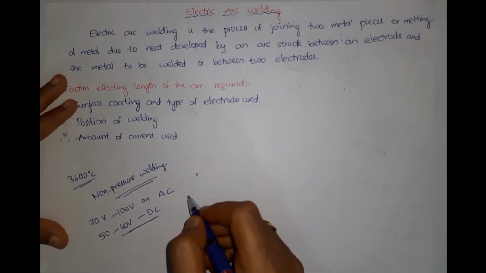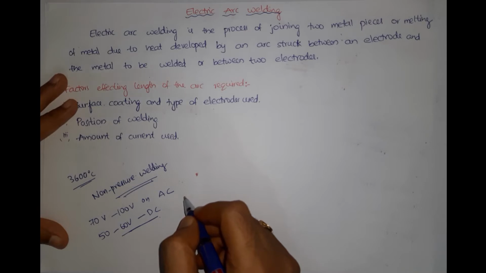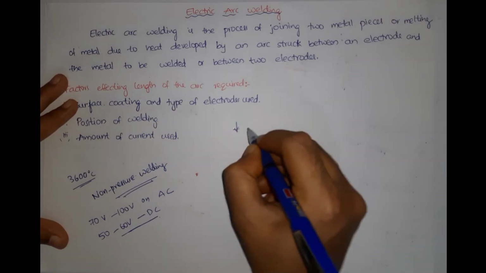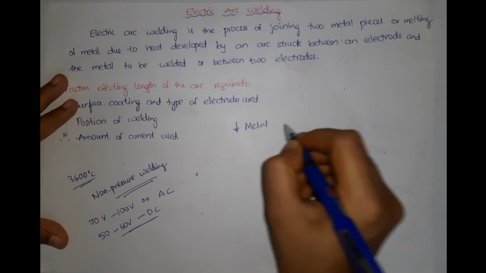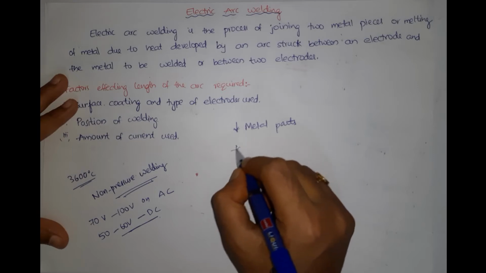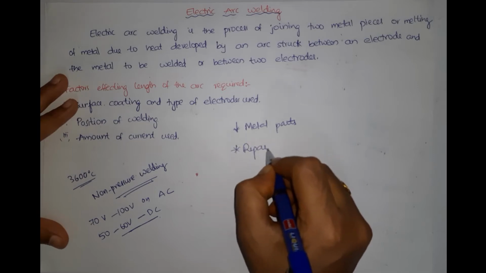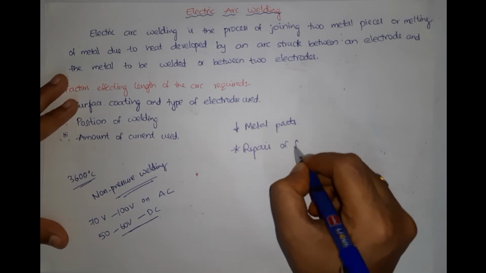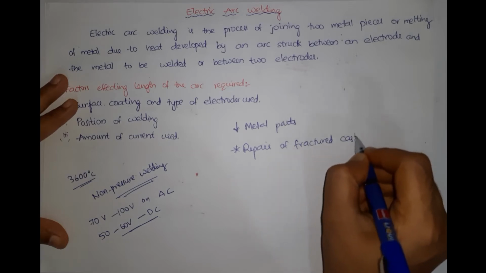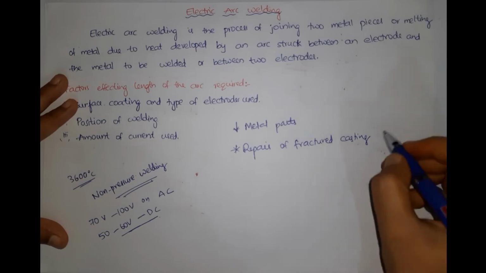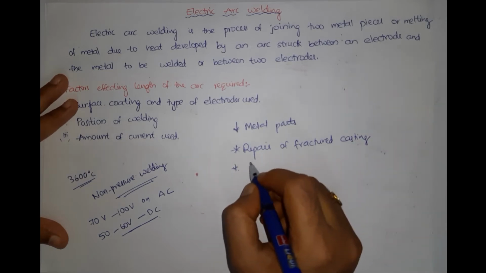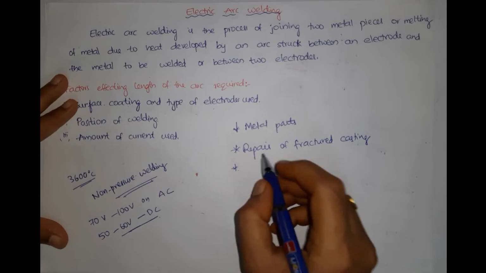Coming to the applications of electric arc welding, it is used for joining metal parts and repair of fractured castings.